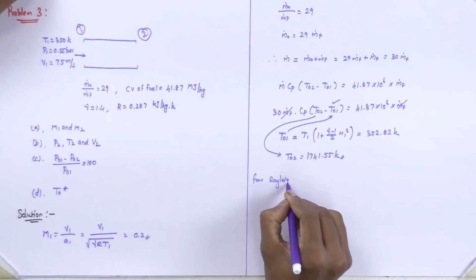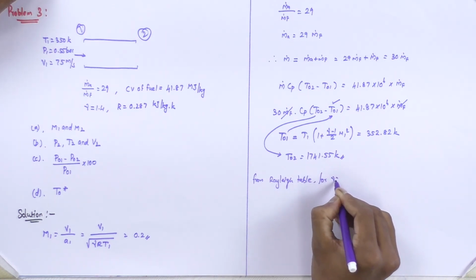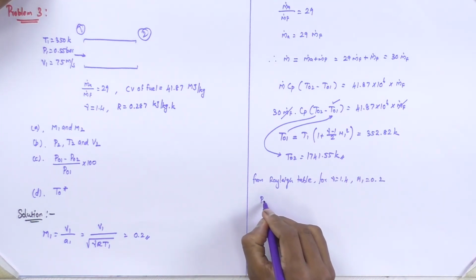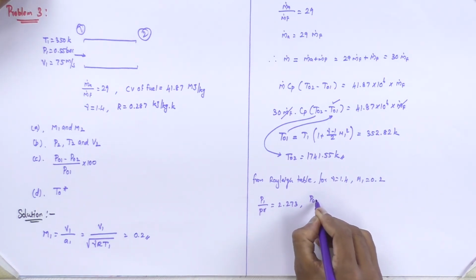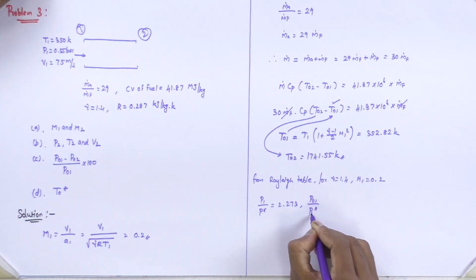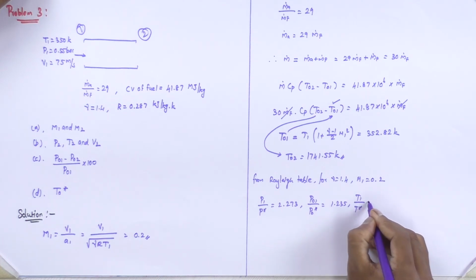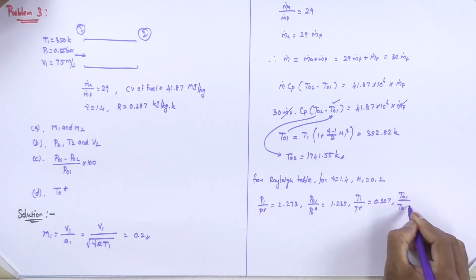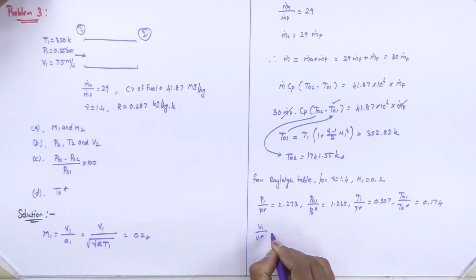From the Rayleigh table, for gamma equal to 1.4 and M1 equal to 0.2, P1 by P star is equal to 2.273, P01 by P0 star is equal to 1.235, T1 by T star is equal to 0.207, T01 by T0 star is equal to 0.174, V1 by V star is equal to 0.091.